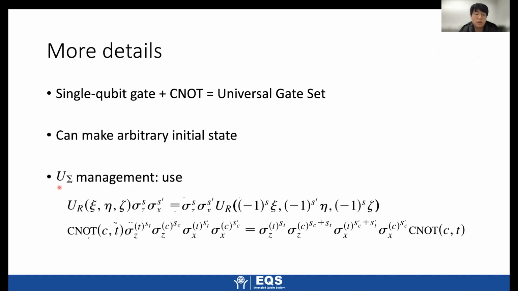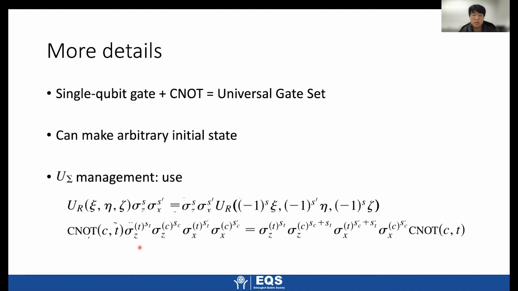And for compensating auxiliary rotations, using this relation, we can see that auxiliary rotations can go to the front or go to the back. So we can just keep moving the auxiliary operation forward. And at the final measurement, we can take care of that auxiliary rotation in the measurement basis.